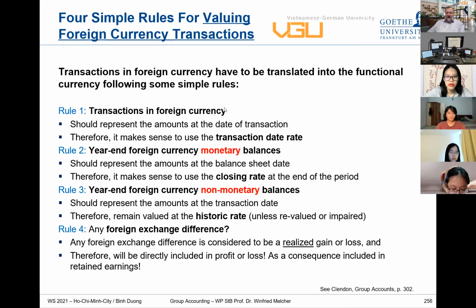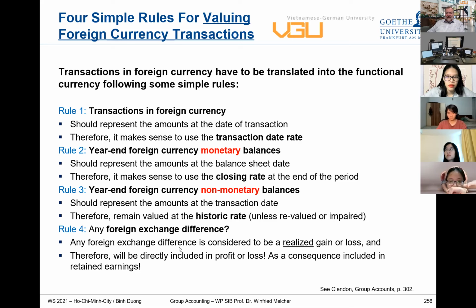So all transactions at the transaction date rate, all monetary balances at year end at the closing rate, all non-monetary balances at year end should be valued at historic rates. Well, if you have a revaluation going on or an impairment, then of course you should use the rate at that impairment or revaluation date. So what about the foreign exchange difference?